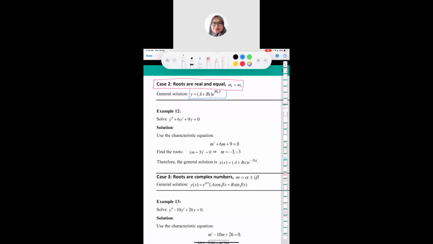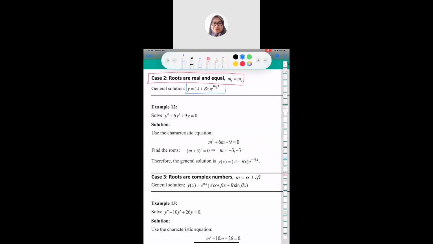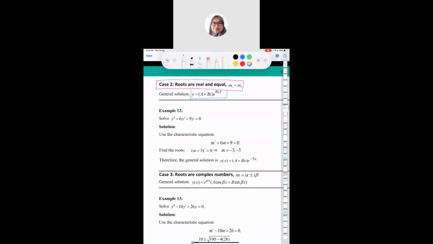Once you ada homogeneous equation, terus guna characteristic equation. Then you press the calculator. a equal to 1, b equal to 6, c equal to 9.